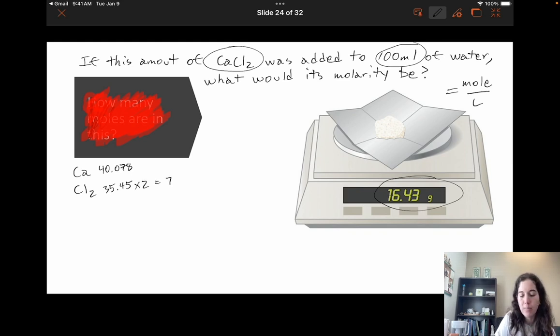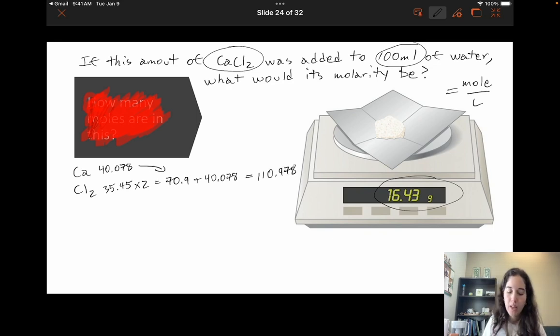That gives us 70.9, and we're going to add the 70.9 and the 40.078 together to give us 110.978. Excellent. And the unit on this is grams over moles. Very important.